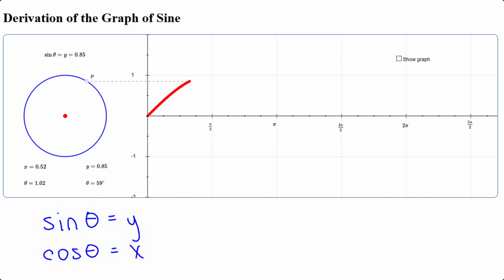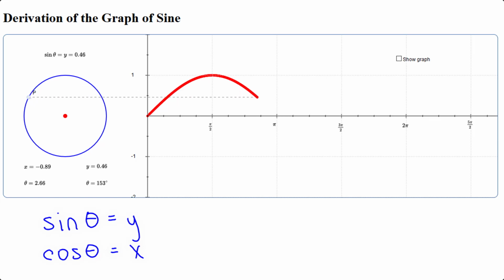this is where I start getting that wave pattern. So as I get up to pi over 2, which is an angle measure of 90 degrees, the y values are as large as they're going to get off of the unit circle. So I maximize those. And then the y values start decreasing from that point.